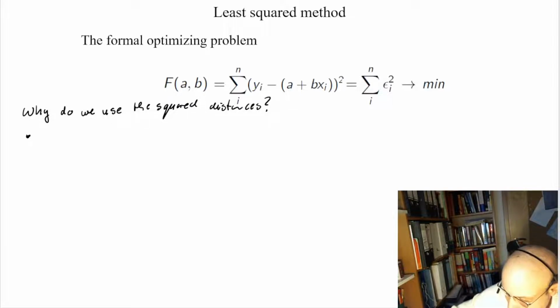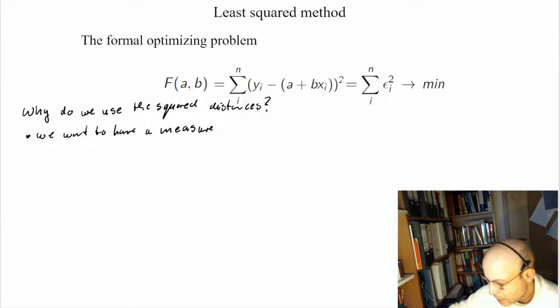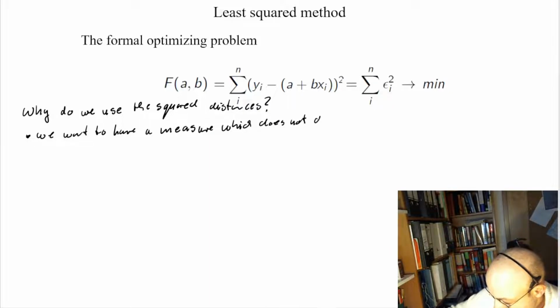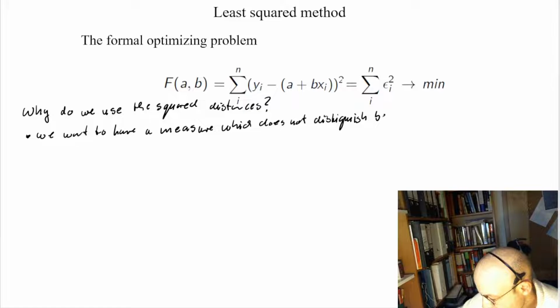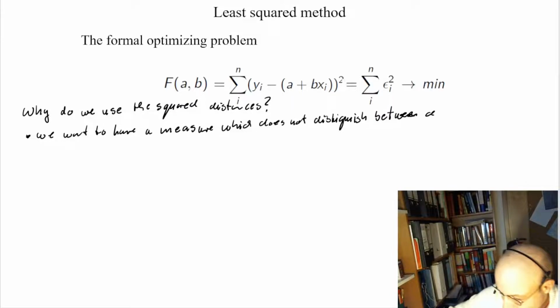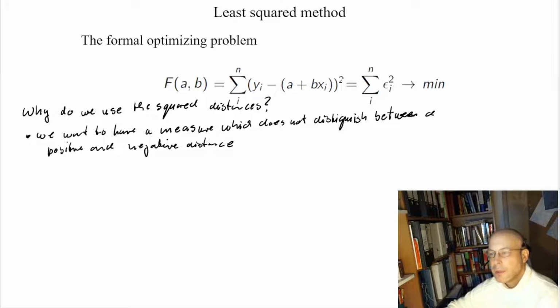So first of all, we want a measure which does not distinguish between a positive and negative distance.